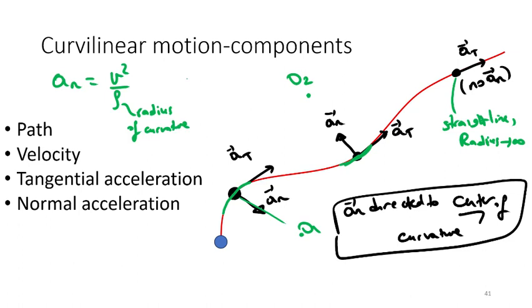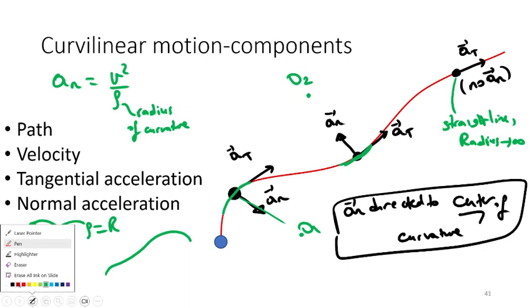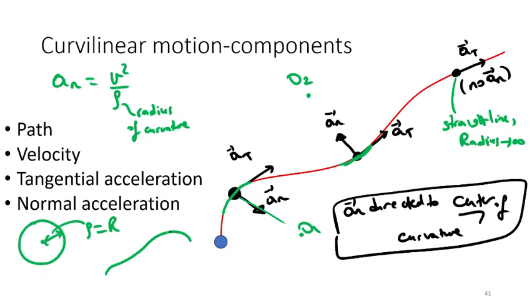Let me talk firstly about a circle. If it is a circle, and this is your rho, it is equal to the radius. If it is something like this one, then you have to look for rho for each section. For this section, this is the center and that is rho.